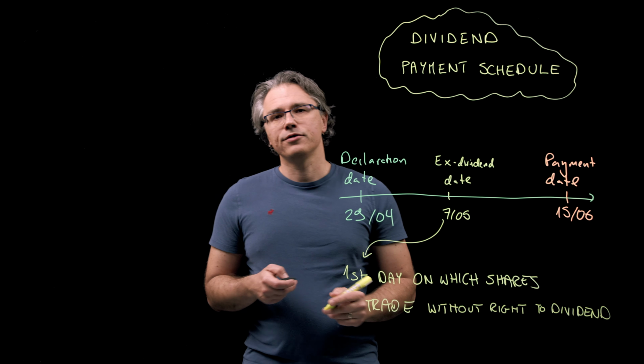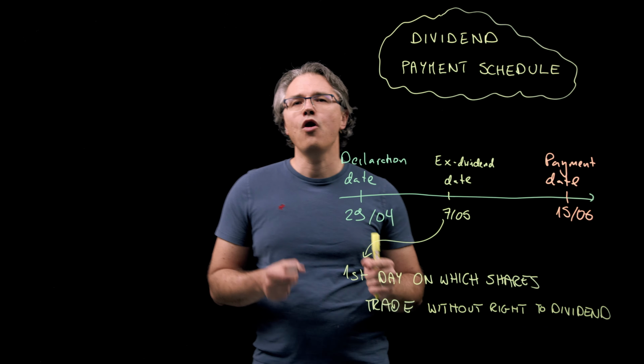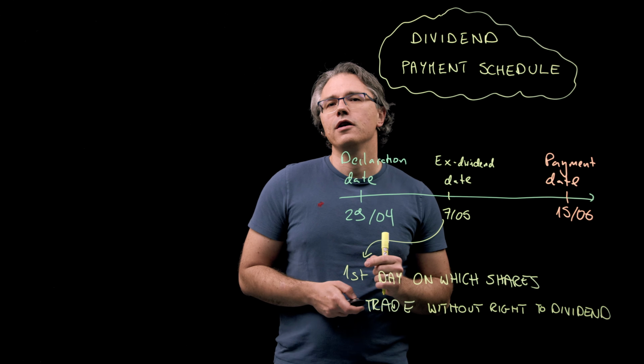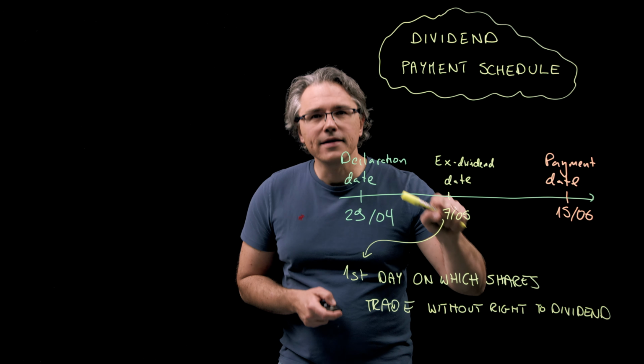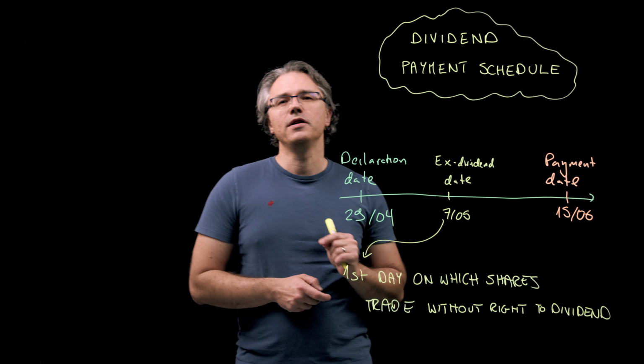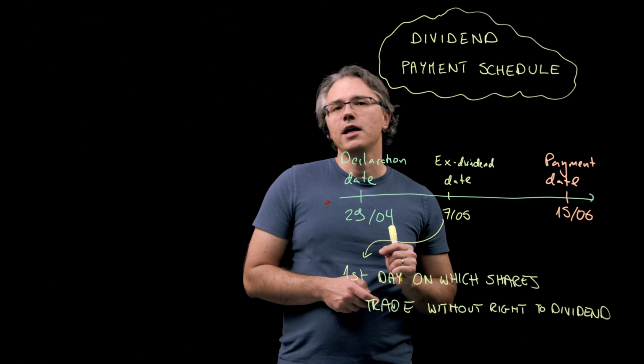Obviously, we are talking about the upcoming dividend, which is going to pay on the 15th of June. So if you buy the shares on this date, you will not be eligible to receive this upcoming dividend payment.